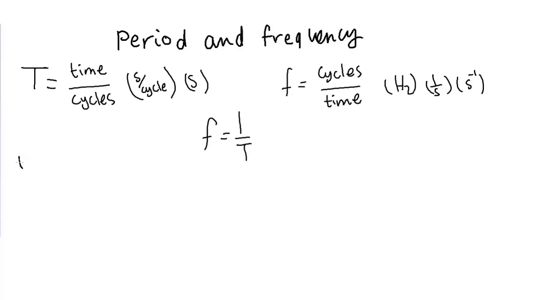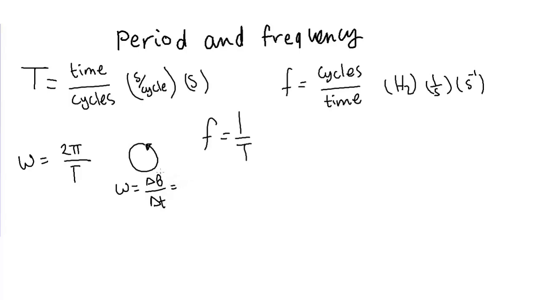The angular velocity equals 2 pi over T. If we have an object that makes one complete rotation, its angular velocity equals delta theta divided by delta t.